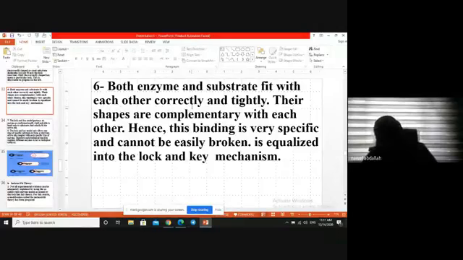Their shapes are complementary with each other. So it is called the lock and key mechanism.